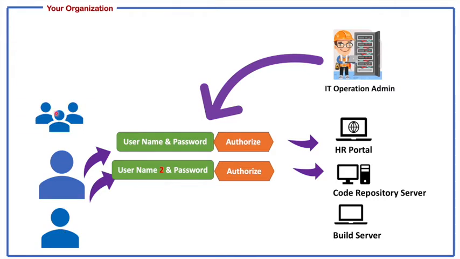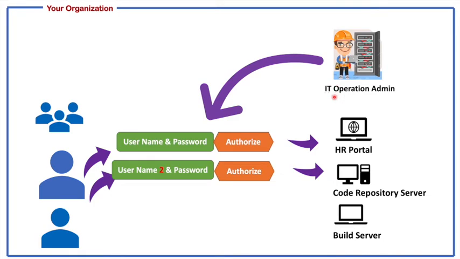Tomorrow many employees join. So now you can see how tedious a job this operation team has to do, right? Create multiple usernames and passwords, authorize for many resources, and in an organization there may be 1,000 kinds of resources and 10,000 or 20,000 employees. So this is too many manual tasks to be executed by the admin.